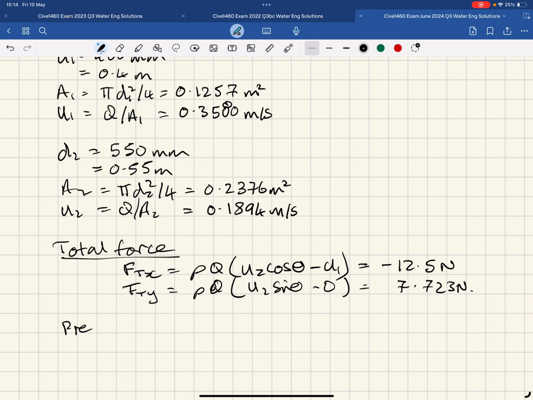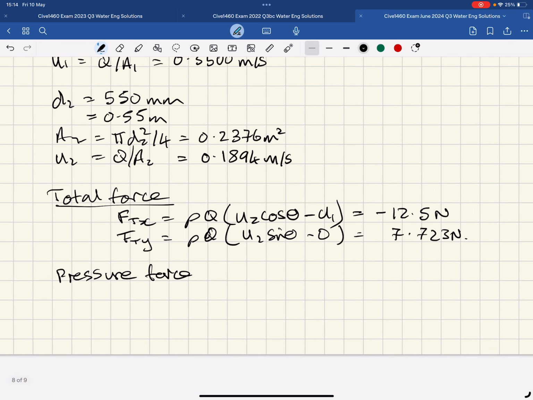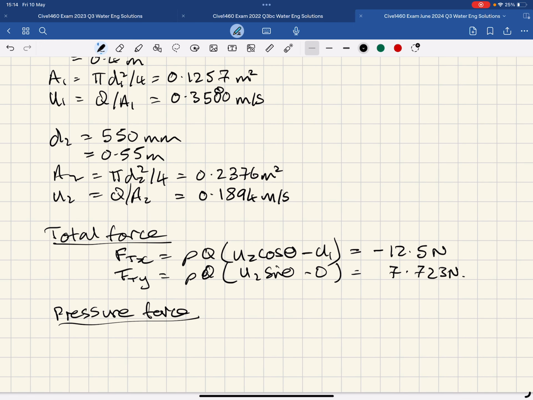Pressure force. Well, we have P2 equal to 1.6 bar. Remember, 1.6 bar is 1.6 times 10 to the 5 newtons per meter squared.